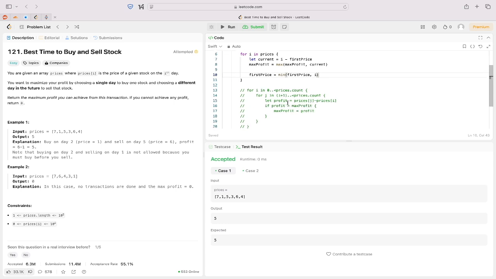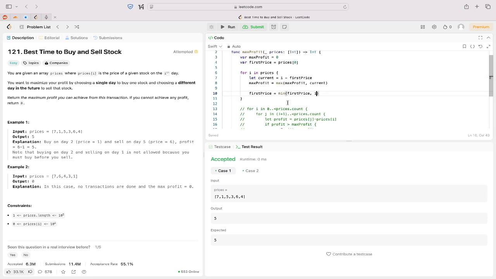We're going through the prices. So we're saying our current profit is our current price minus the smallest number we've seen so far.